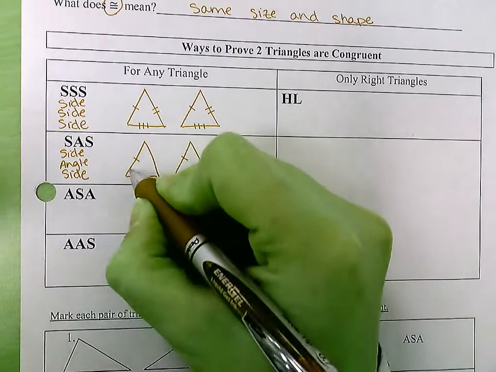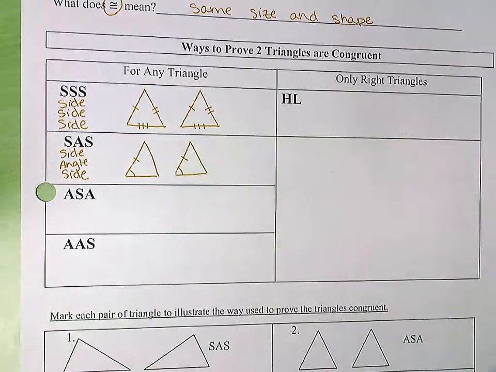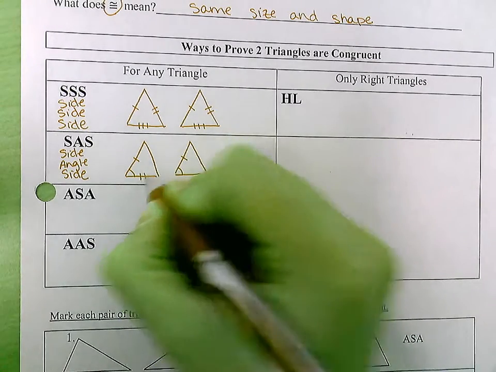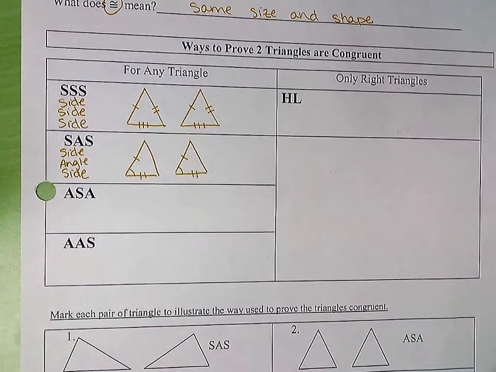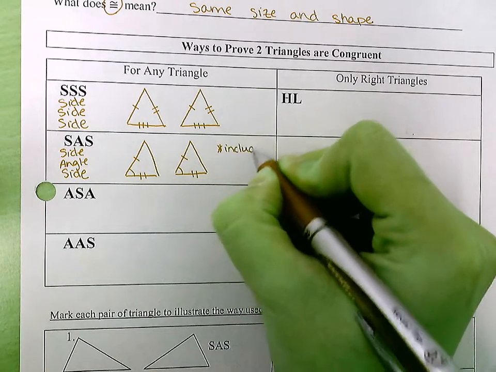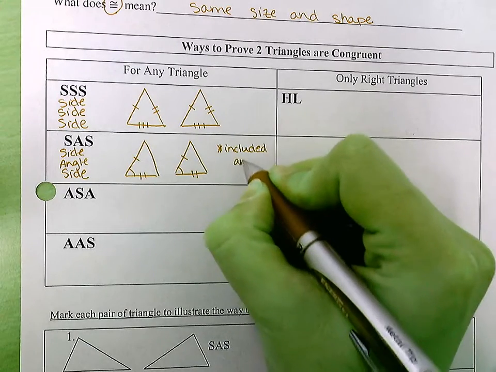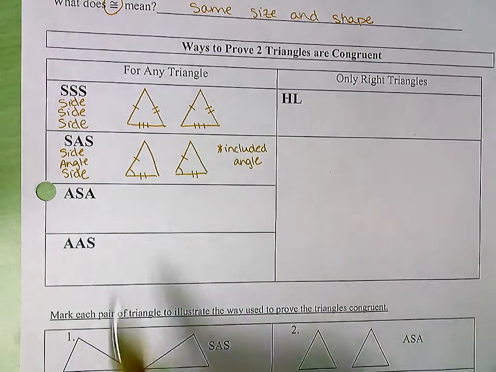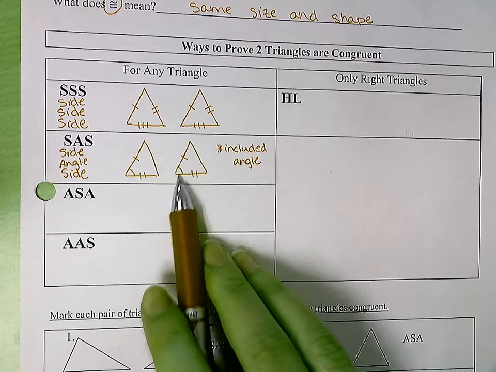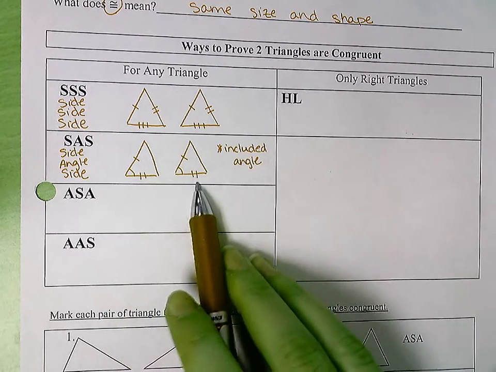We also have an angle in each that's congruent and a second side that's congruent. With side, angle, side, you need an included angle. What that means is that this angle that's congruent has to be between your two congruent sides.